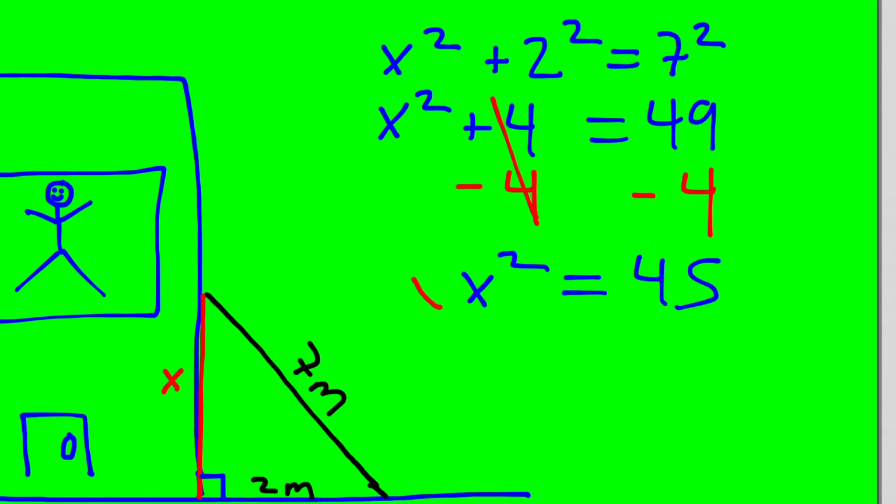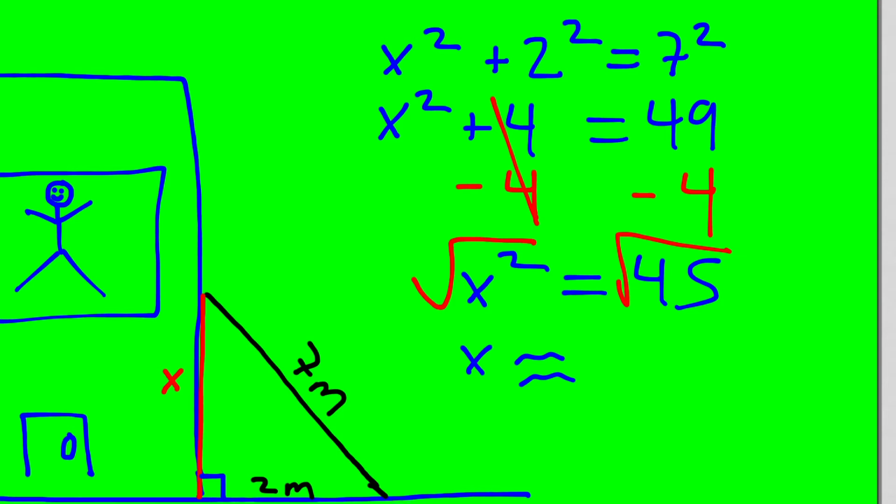We want to know the value of x, so we'll take the square root of both sides. 45 is not a perfect square, so this is going to be an approximate answer. And the square root of 45 is going to be somewhere between 6 and 7. It is 6.708.